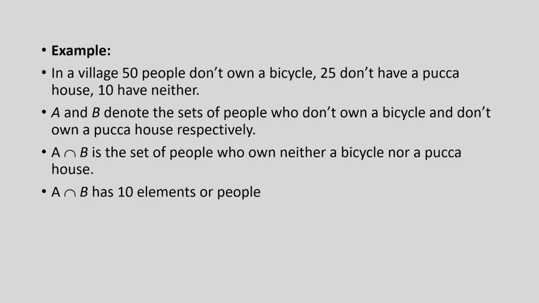So, in this particular bookish example, we have identified set A, people who do not own a bicycle, and B, people who do not have a pakka house. The set A intersection B means they are quite deprived in the sense that they have neither a pakka house nor a bicycle, and there are 10 people of that nature.